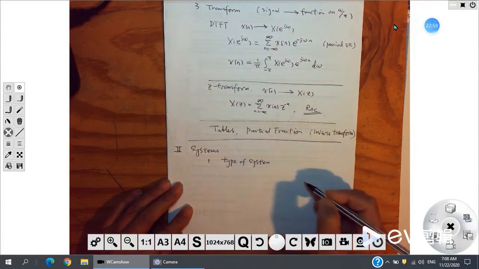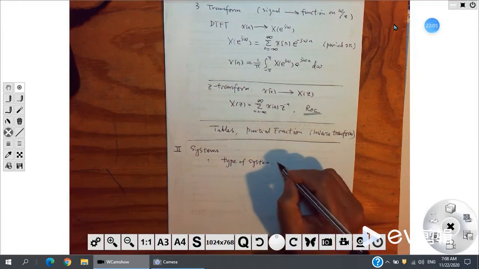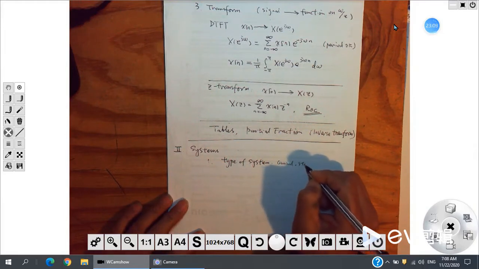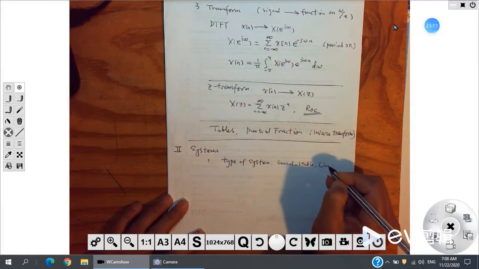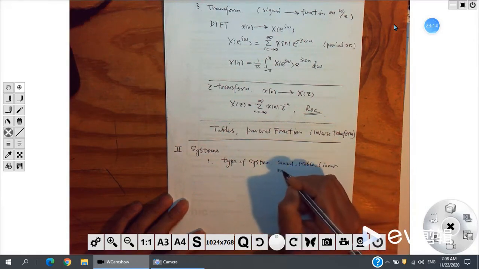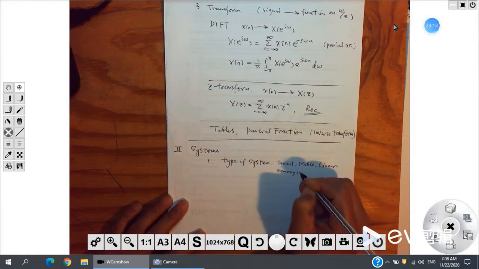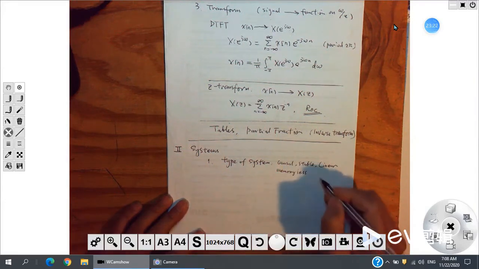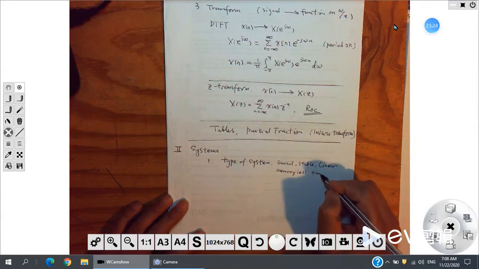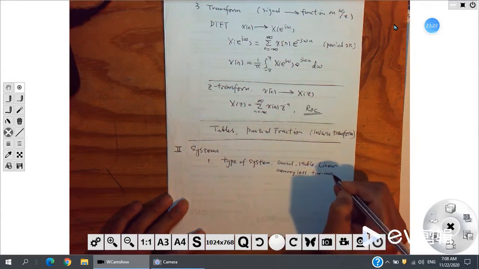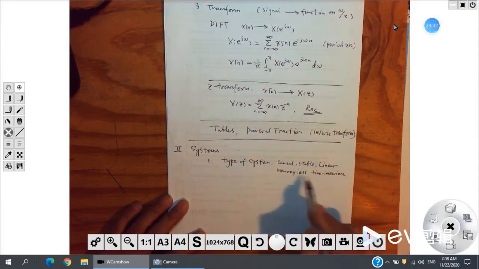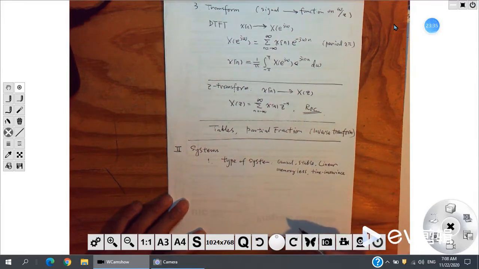We have several: the causal, the stable, the linear, time invariant. And 1, 2, 3, 4, 5. Yeah, we have 5 different kinds of systems.